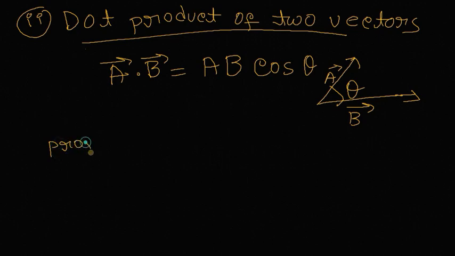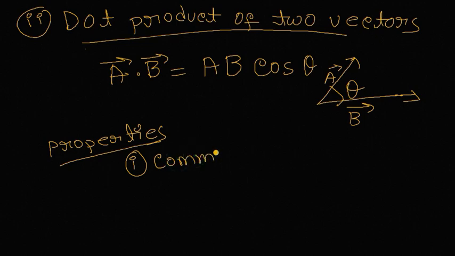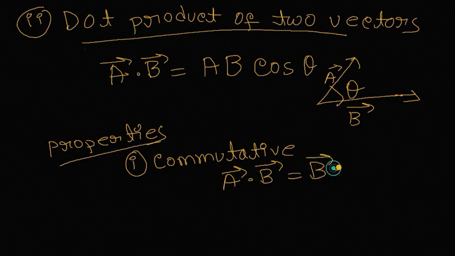Now properties: it is commutative. A vector dot B vector is equal to B vector dot A vector, and it is distributive.